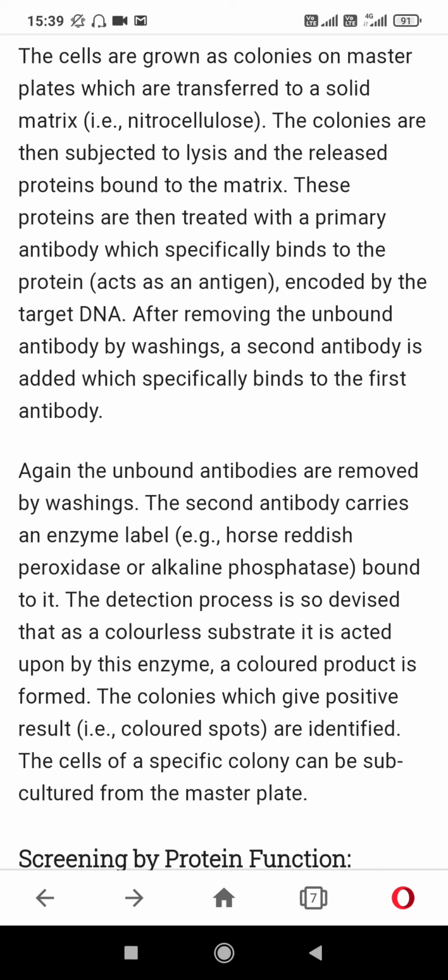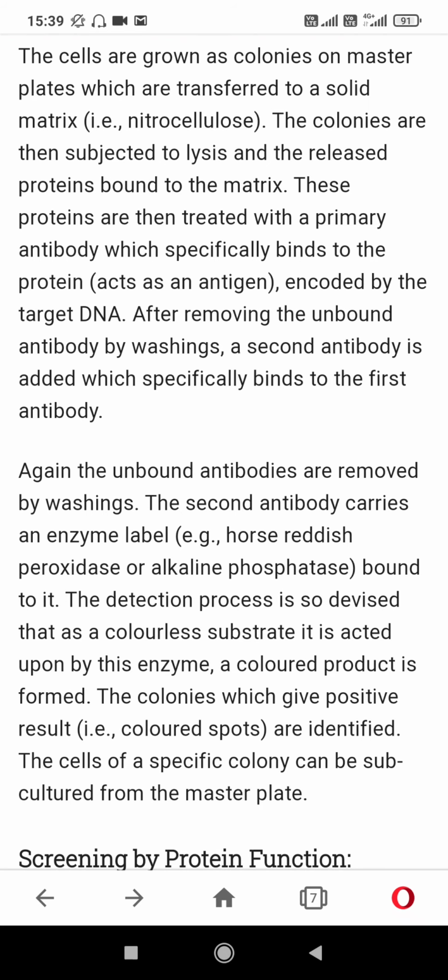The secondary antibody carries an enzyme label on its constant region. If you look at the structure of an antibody, it has a variable region and a constant region. The constant region of this secondary antibody has been labeled with enzymes like horseradish peroxidase or alkaline phosphatase.